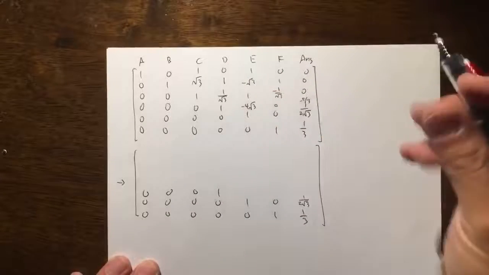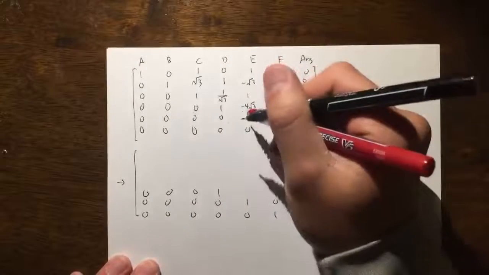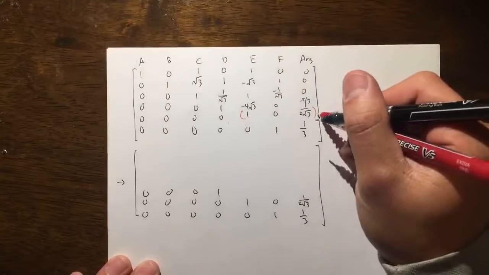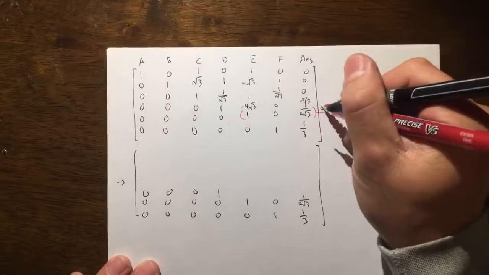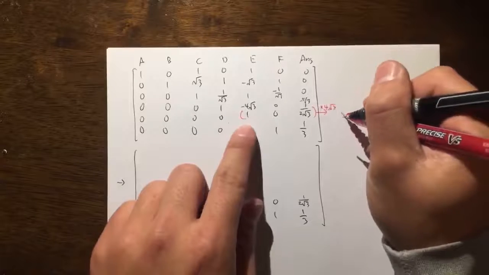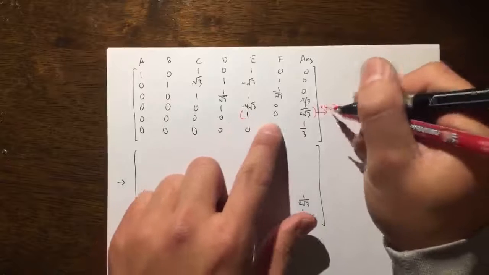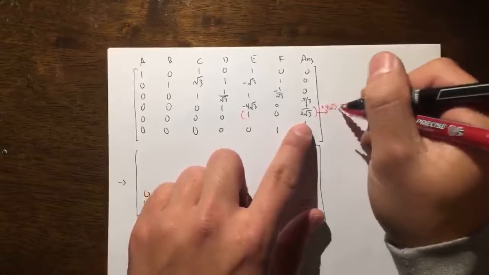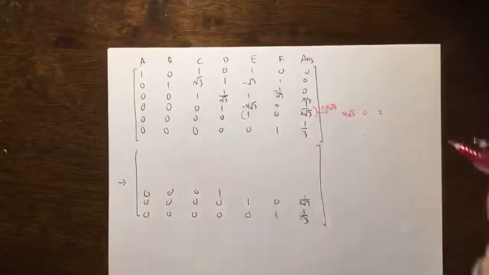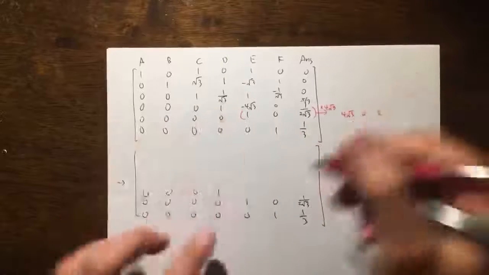Okay, to make this equal to 0, I'm going to multiply this by positive 4 square root of 3. So this times this is 4 square root of 3. This times this is 0. And then this times this, the square root of 3 cancel out. 4 over 2 is just 2. Okay? So now this plus that is 0.